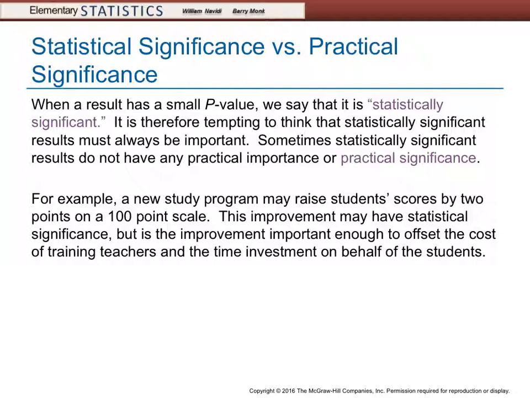For example, in a new study, a program may raise student scores by 2 points on a 100-point scale. This improvement may have statistical significance, but is the improvement important enough to offset the cost of training teachers and the time investment on behalf of the students?